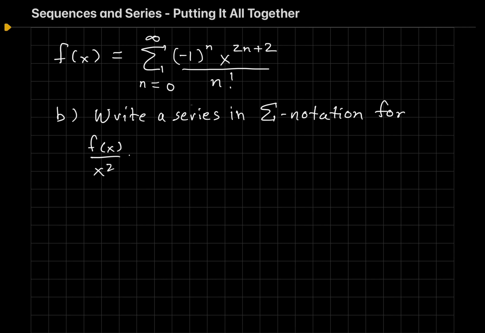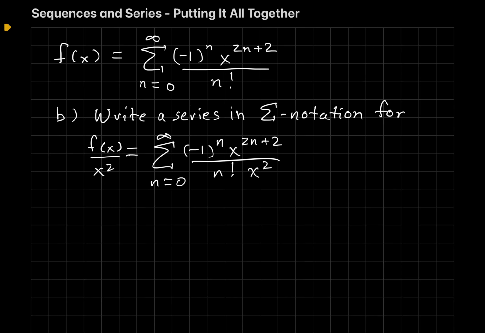Well, that's pretty straightforward. F of x over x squared is the sum from n equals 0 to infinity of negative 1 to the n, x to the 2n plus 2 over n factorial, and then I'll just put another x squared down at the bottom.